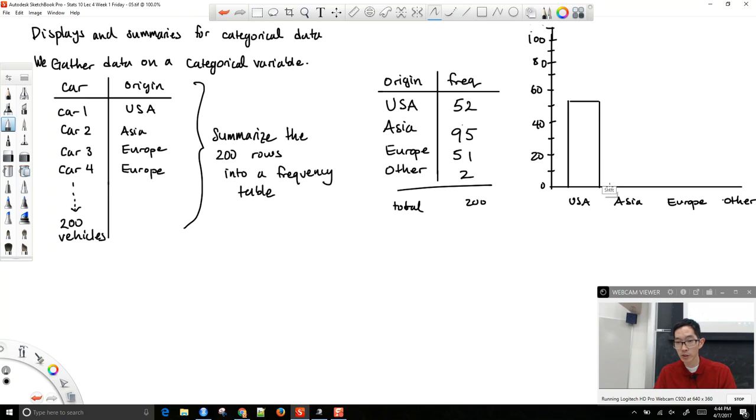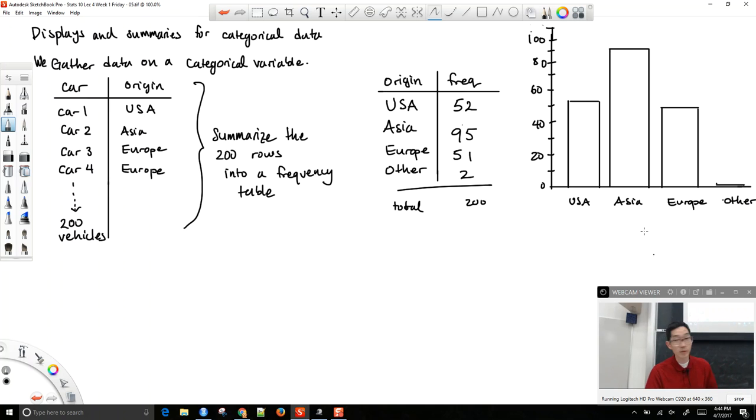And Asia would go up to, I'm just making stuff up here, 95. Europe right there, and other something like that. Okay, and so here's our bar chart.